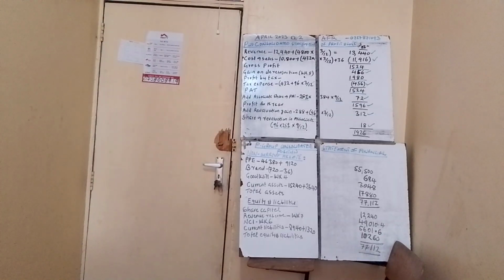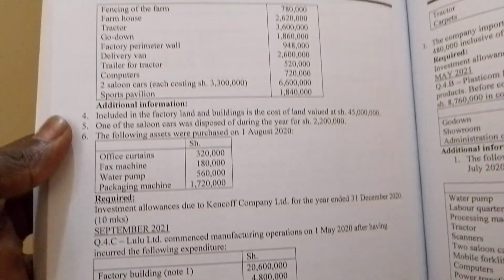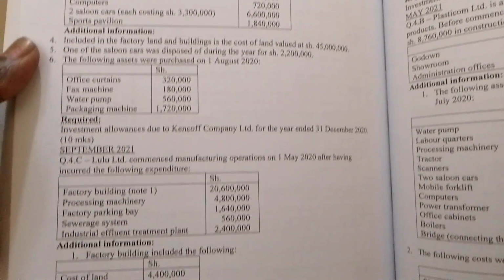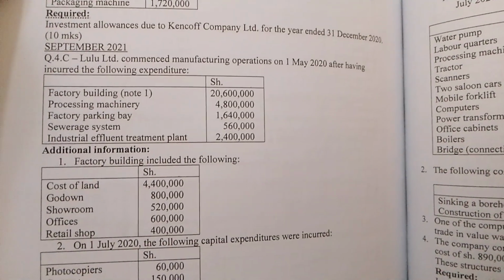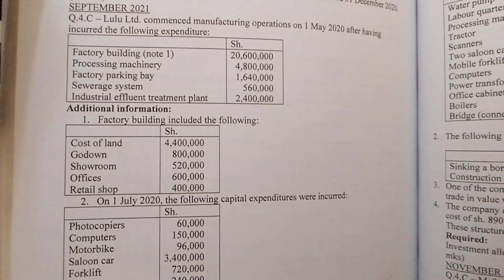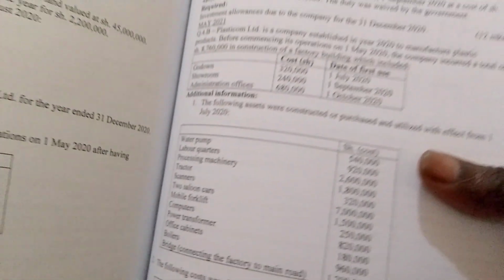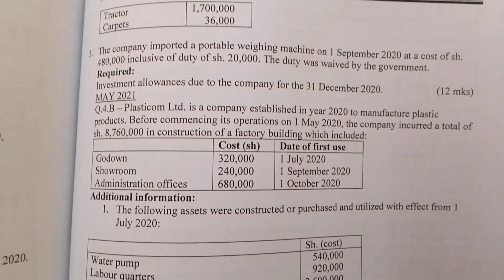Now I can show you some other questions. You can just pick them randomly. If you want to do questions for yourself, you can take any of those. September 2021, Lulu Limited, question 4C. You can take Lulu Limited.